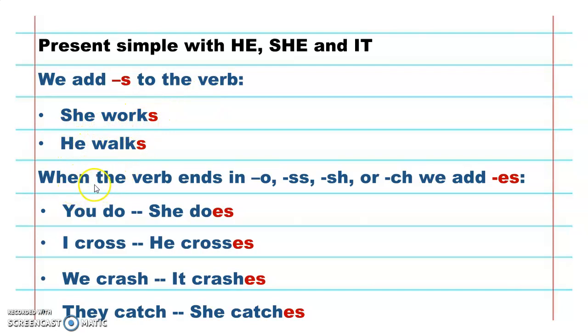But sometimes when the verb ends in o, ss, sh, or ch, we add es. Like you do, but with she it is going to be she does. I cross, he crosses. We crash, it crashes. They catch, she catches.